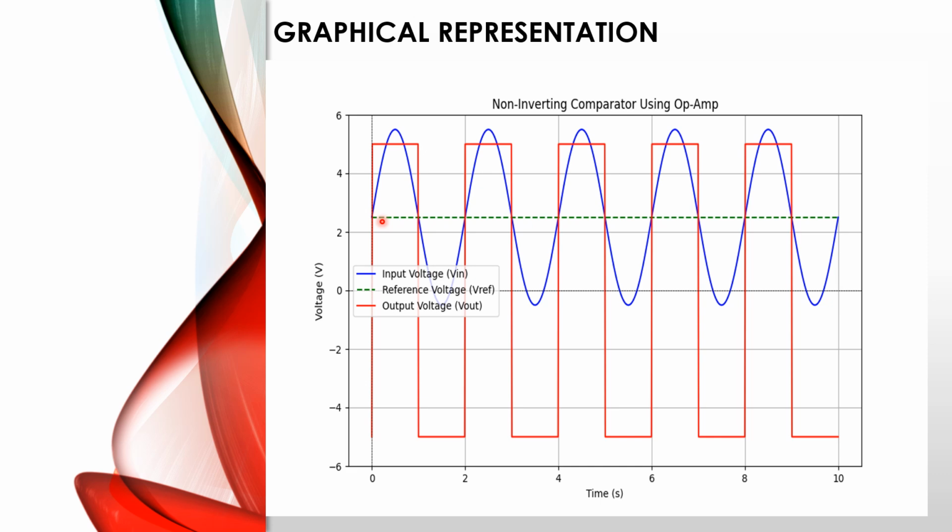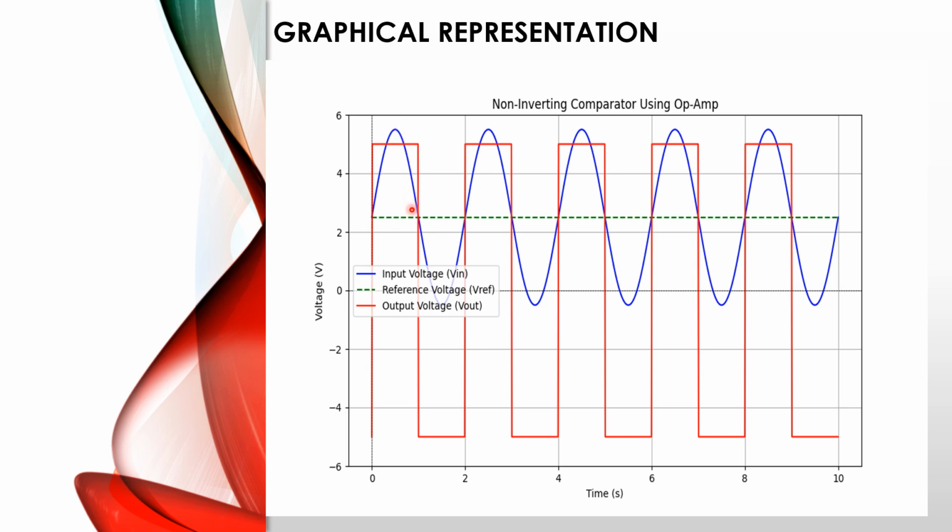Okay, now from the working principle of the non-inverting comparator, we saw that two conditions arise. One is V in greater than V reference and the other condition is V in less than V reference. That means when input voltage is greater than reference voltage, this is the reference voltage, and this is the input voltage.